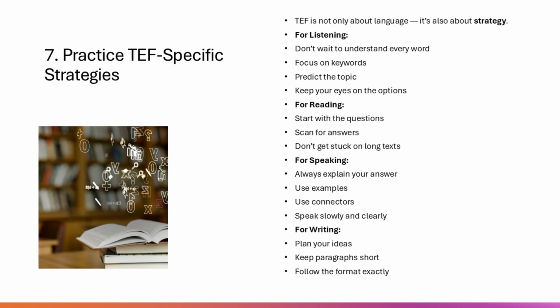And for the speaking section, explain your answer well using examples. Try to use your personal examples. Try to use connectors. And one more thing which is really important: some people think that speaking really fast is good fluency when learning any language, but that's not very true, because you're speaking fast but making a lot of mistakes, and that's not a good impact.